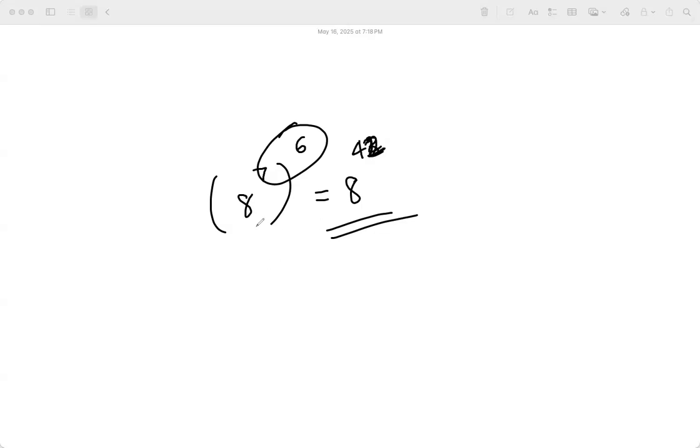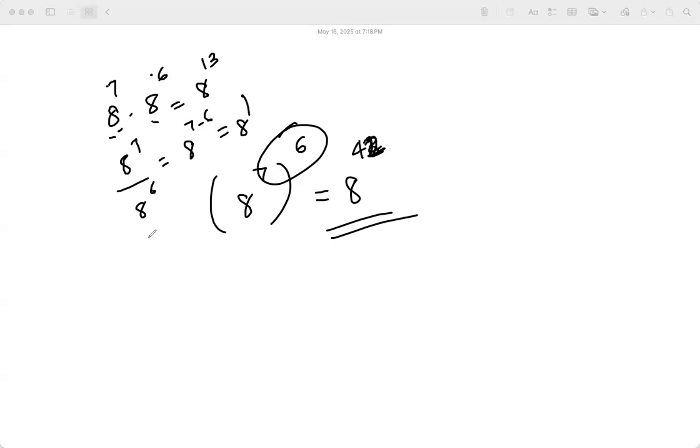If you have it like this, then the product property, same base, different exponent, is when you add. If you have division, you subtract the exponents. Got it? Now, 8 can be written as 2 to the power of 3, right?